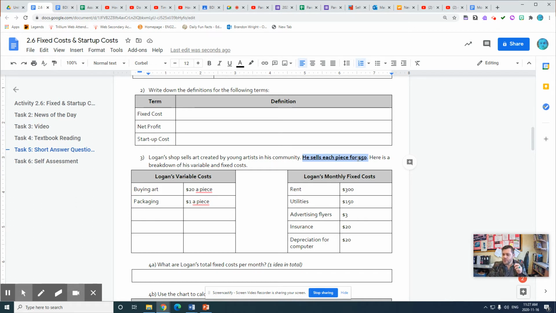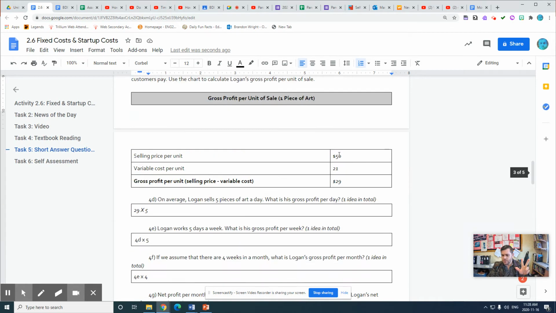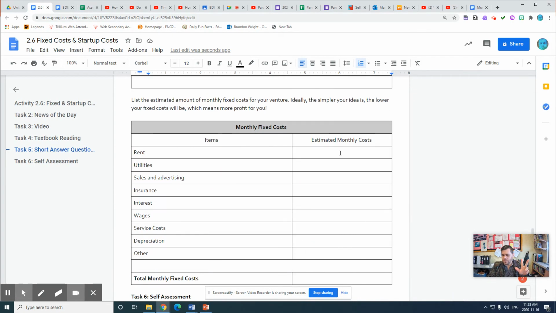So if he sells for 60 instead of 50, he would increase his hourly wage because he'd be increasing his gross and net profit overall. So lower variable costs, lower fixed costs, increase selling price. Those are 3 ways he can increase the amount of money he earns.